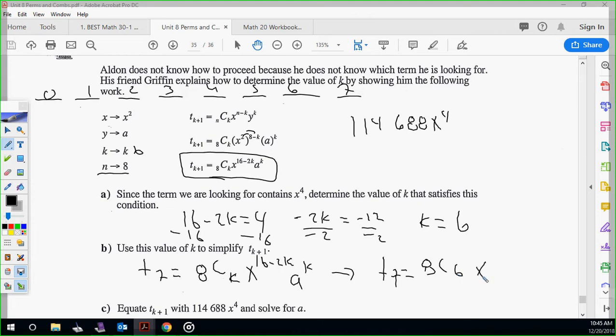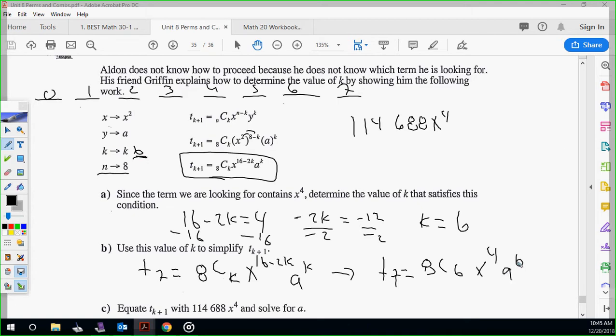X to the 16 minus, so if we know k, remember x was 16 minus 2k. So 16 minus 2 times 6, which we knew was 4, right? X to the 4. And then what's the a? A to the 6.